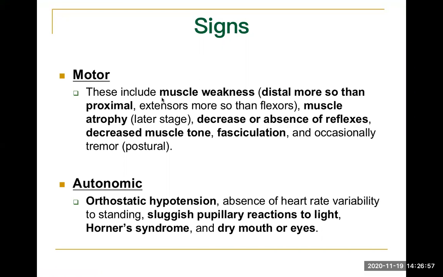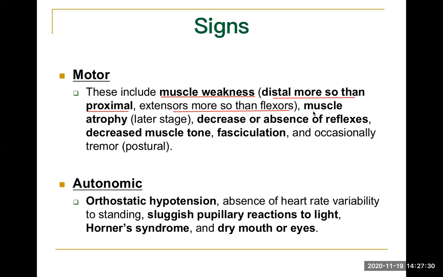We examine for the power of the muscles by applying different amounts of force and asking the patient to act against that force, and we judge the grade of the muscle weakness. In this condition, the distal muscles are weaker than the proximal. Extensors are weaker than the flexors. So these are the important features.